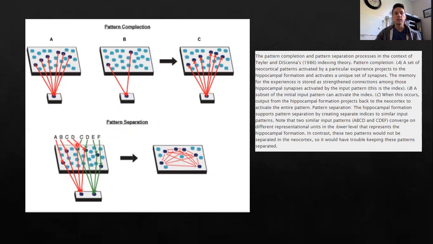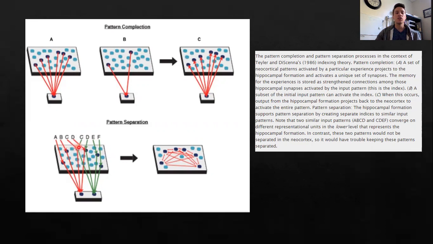There are 2 events here, one represented by the red neurons and one by the green neurons. But there is some shared overlap. So for example, neuron C in the neocortex connects to the hippocampal cell that also connects to A and B, and it also connects to a hippocampal cell that connects to D, E, and F. So neuron C in the neocortex is shared between two different events.